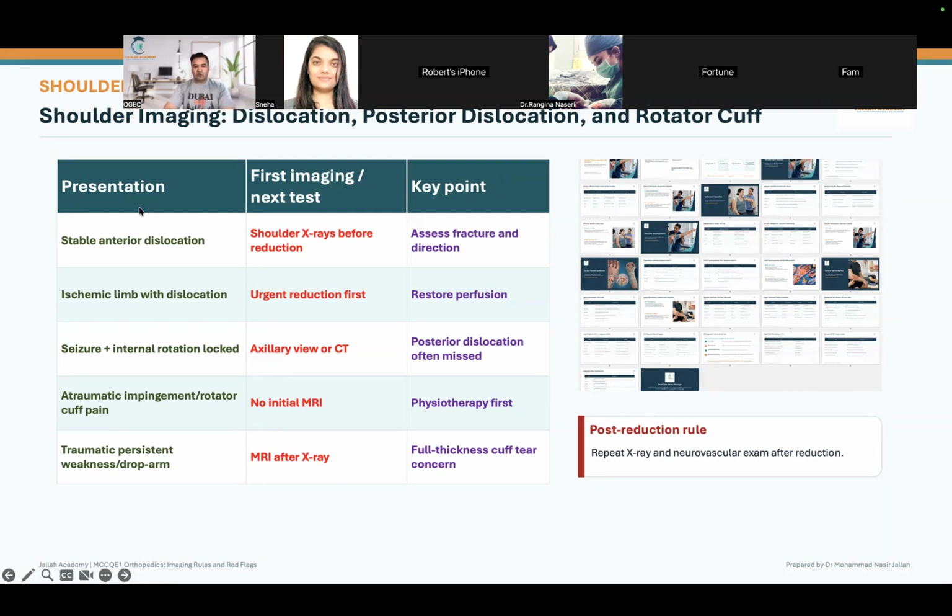Shoulder imaging: dislocation, posterior dislocation, and rotated arm. This is how they're going to give you the scenario if they want to test you on imaging of the shoulder. They give you a stable anterior shoulder. What do you do? X-ray. They give you an ischemic limb with dislocation.